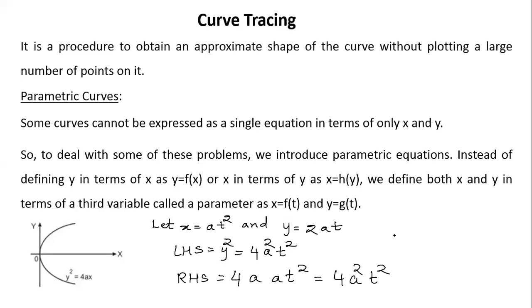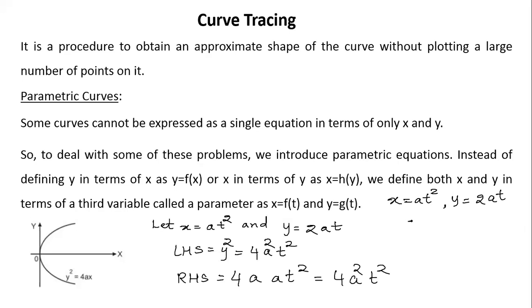In another situation, we may be given x equal to a into t square and y equal to 2 into a into t, and we are asked to find the corresponding Cartesian equation. So we have to do just one thing, we have to eliminate the parameter, that's all. So if we try here, x equal to a t square and y equal to 2 into a into t.